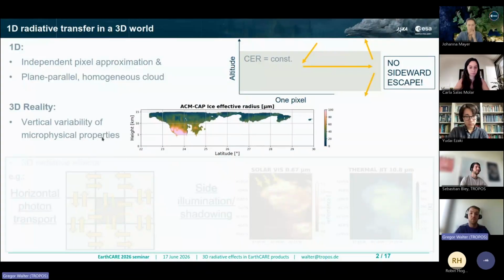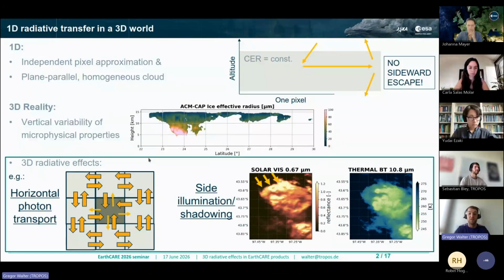We have a vertical variability of microphysical properties, as shown here for the effective radius, which changes throughout the columns. And we also have 3D radiative effects. Here I mention two of those. The horizontal photon transport. Here we see a simple sketch of a cloud.